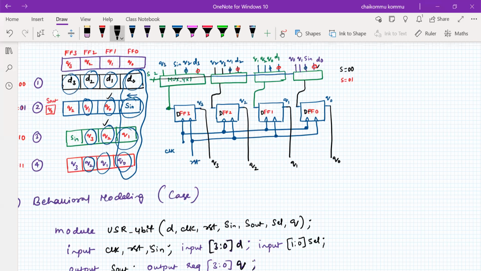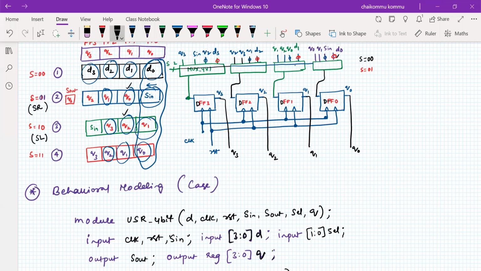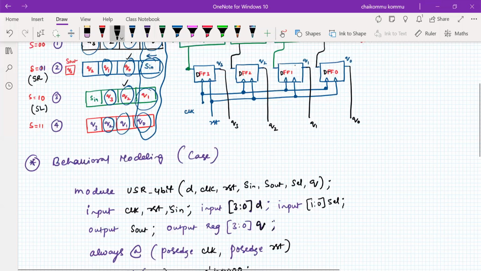It's not a left shift operation, it's a right shift operation. This is not a left shift operation, this is a right shift operation, okay? So anyway, I'm going to consider that one only. So the first one is right shift operation.